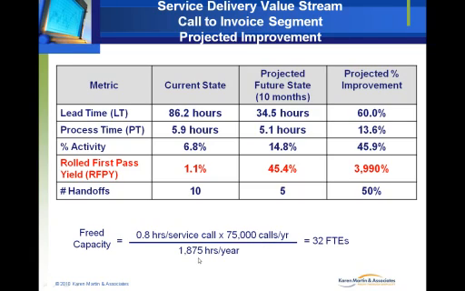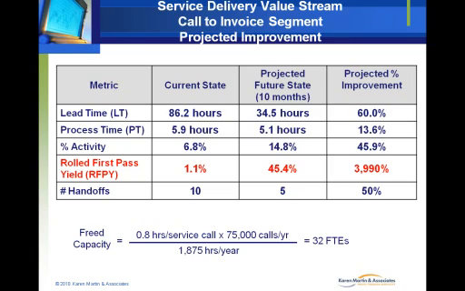When we divide that by the number of available work hours per year, in this case 1875 hours for each employee, that's a savings or a free capacity of 32 people, 32 full-time equivalents. That is how much freed capacity you're gaining by improving quality to reduce that process time 0.8 hours.